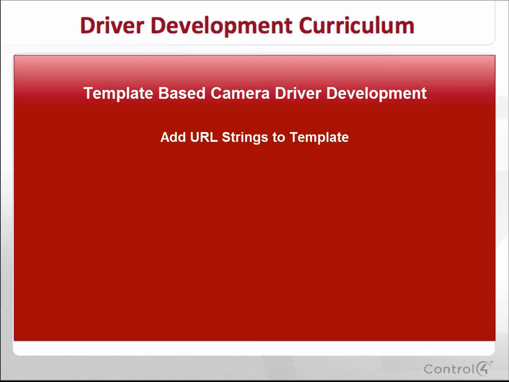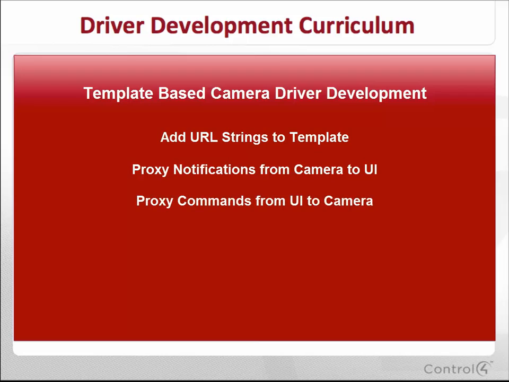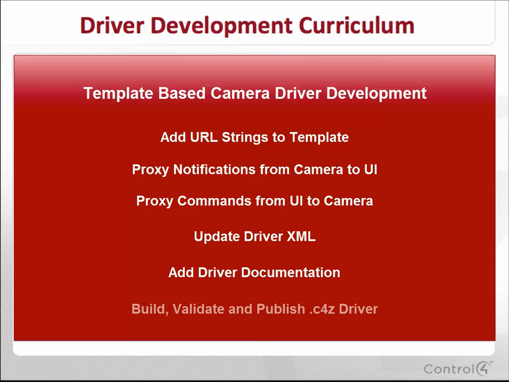These include adding URL strings to the template, handling proxy notifications from the camera to the Control4 UI, handling proxy commands from the Control4 UI to the camera, updating the XML for the driver, adding documentation to support our driver, building the driver in Driver Editor, validating the driver in Driver Editor, and finally, publishing the finished C4Z file.